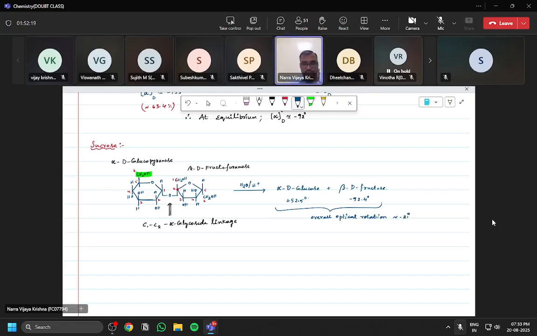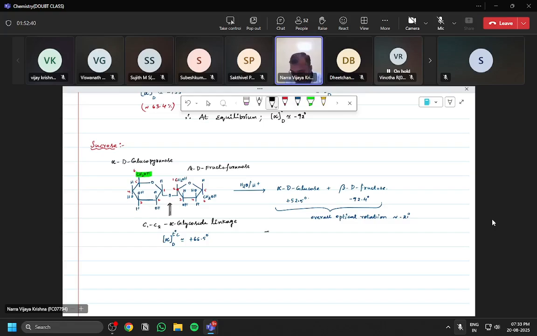Yes, sir. Initially, this sucrose has an optical rotation of approximately 66.5. After hydrolysis, the net optical rotation converts to negative.